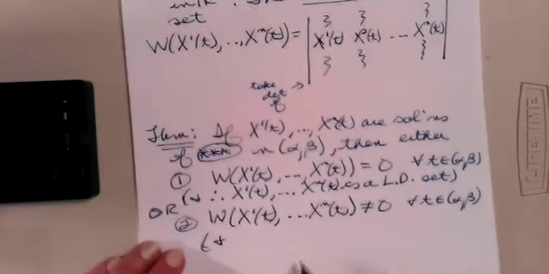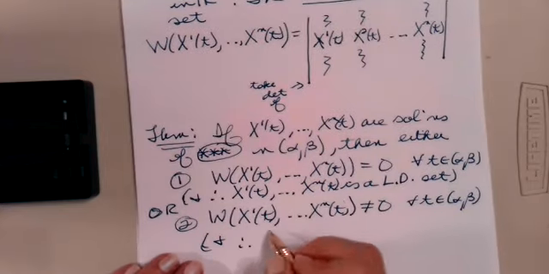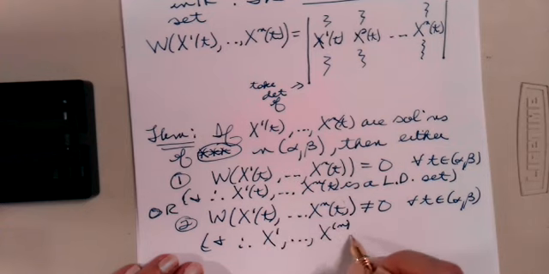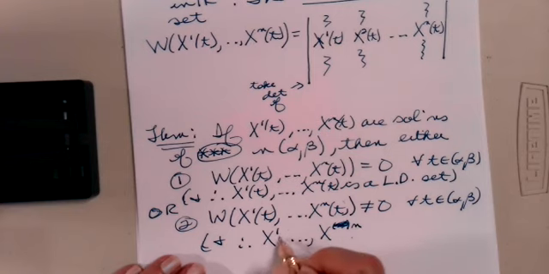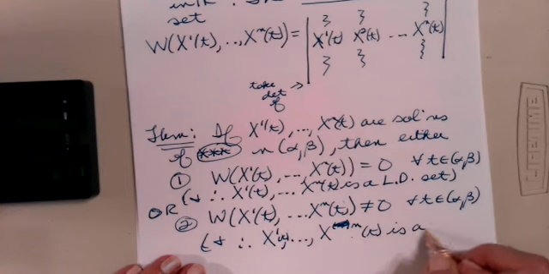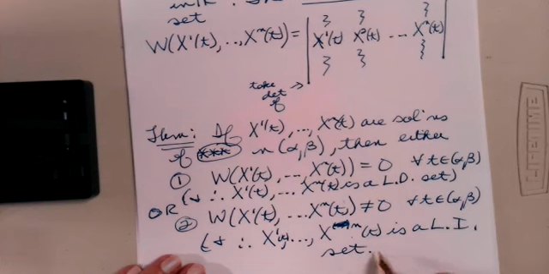And therefore x1 of t up to xn of t is a linearly independent set, or a fundamental set, because it's n solutions, they're all linearly independent, therefore it's a fundamental set.